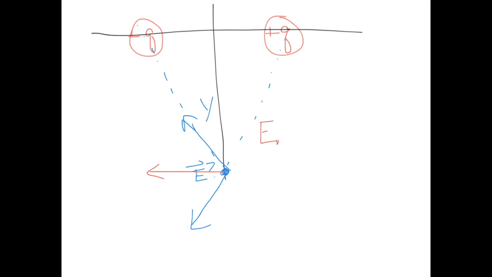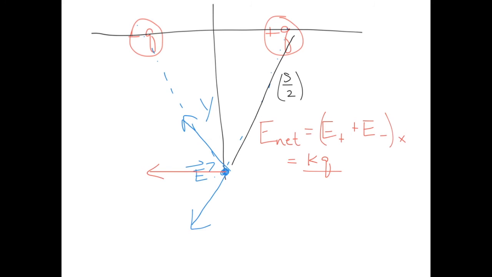So in this case, that net electric field, that's just going to be the positive charge's electric field, the negative charge's electric field, but just the x component. And since these are equal in strength, we could write that as kq over, let's see, this distance right here is s over 2 squared plus y squared, square rooted.